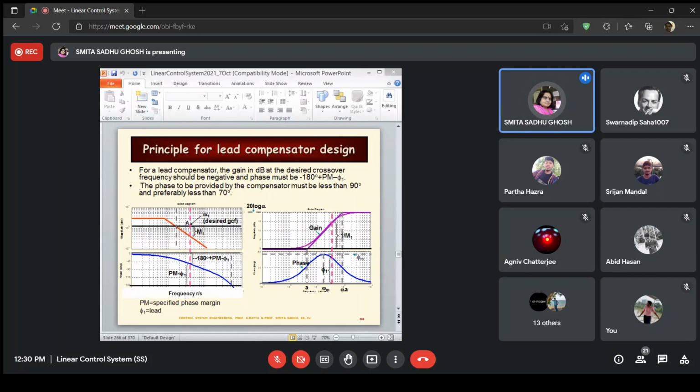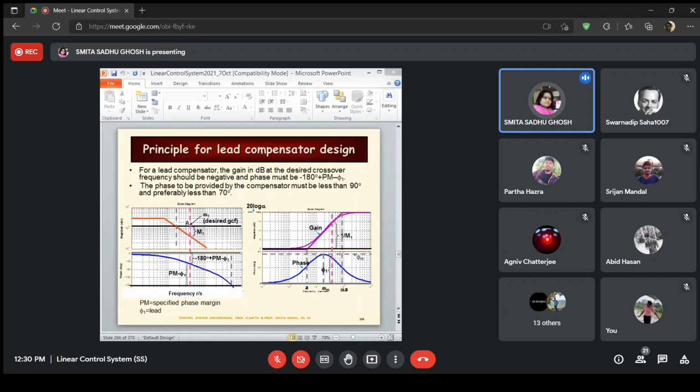Then what is the value of phase for that frequency? The value of phase for the system for that frequency is equal to minus 180 degree plus PM minus phi 1, right? So this is the phase value. On this side I've put the phase value, whereas on the other side, I've put the difference with the minus 180 degree, right?